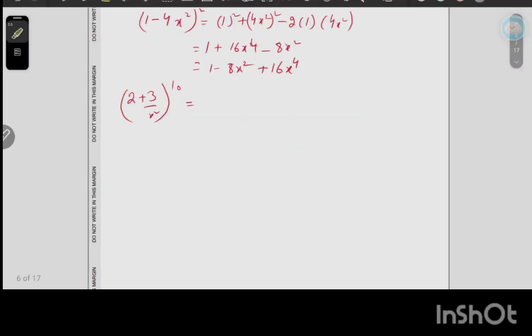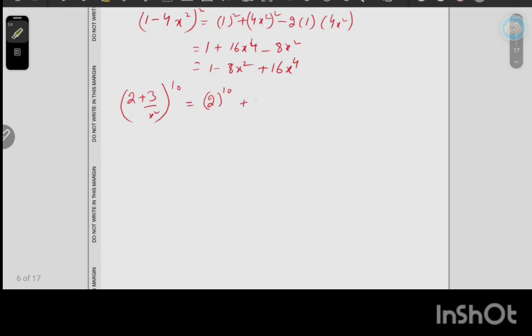Dear friend, here we have to apply the binomial. So the first term will be 2 power 10, and 10C0 will be 1, and (3/x²) power 0 is also 1. We have to use only this one.